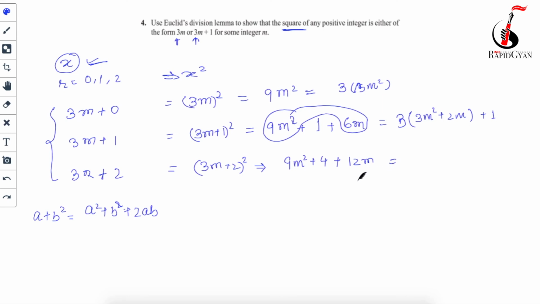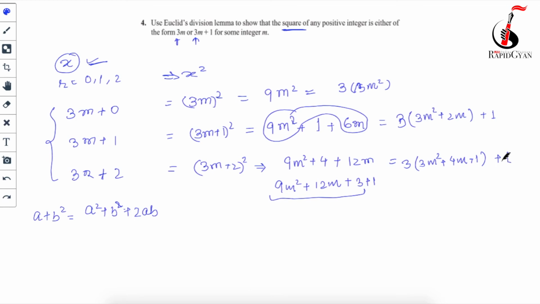And in this case I can further write this in this form, 9m square plus 12m, and this 4 I can further write as 3 plus 1. And from the first 3 expressions I can take 3 common, what I will be getting is 3m square plus 4m plus 1 plus 1.